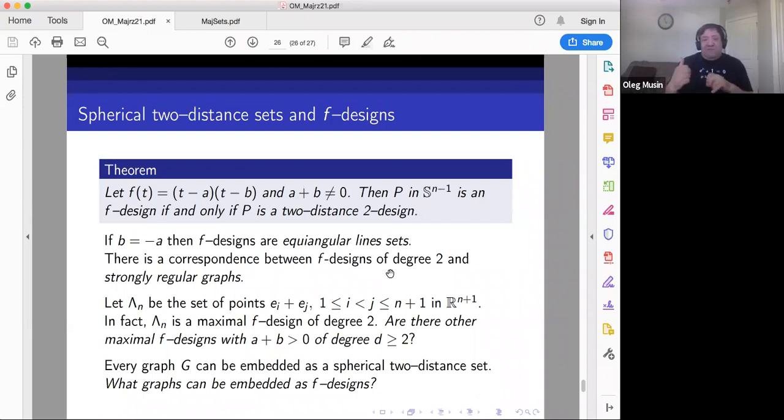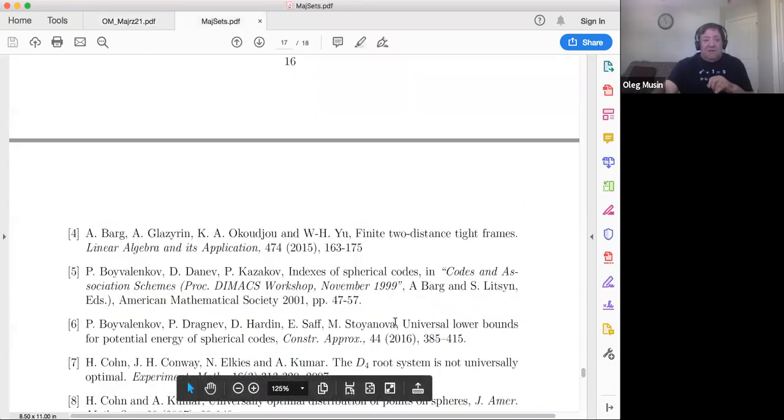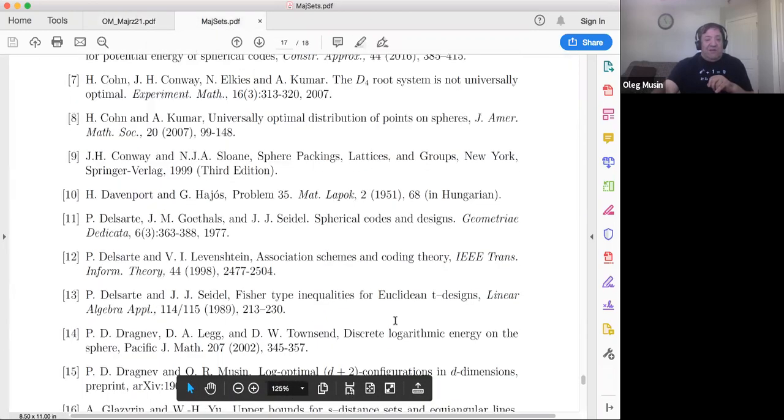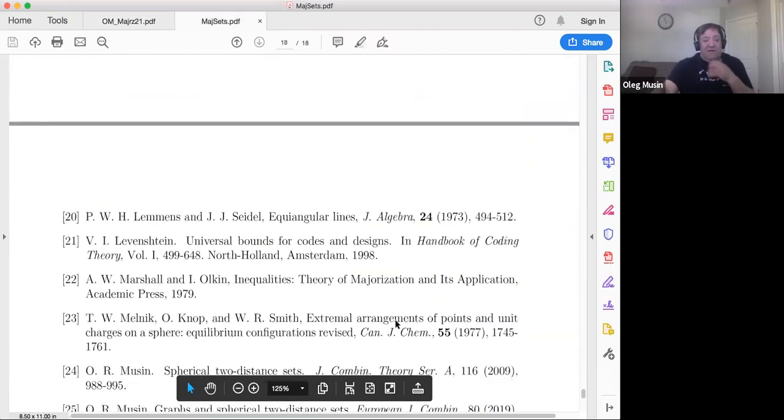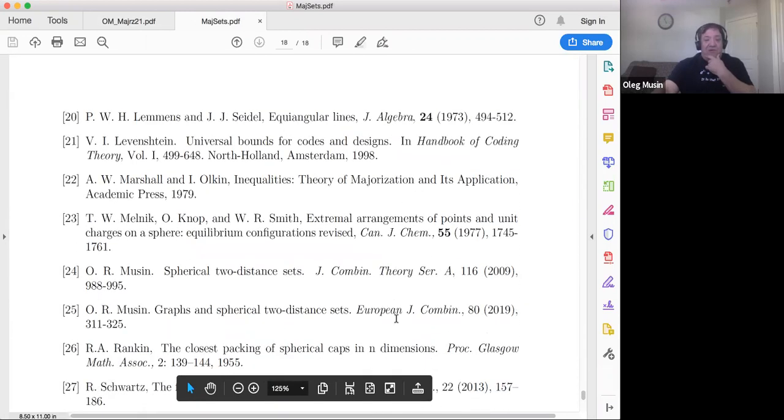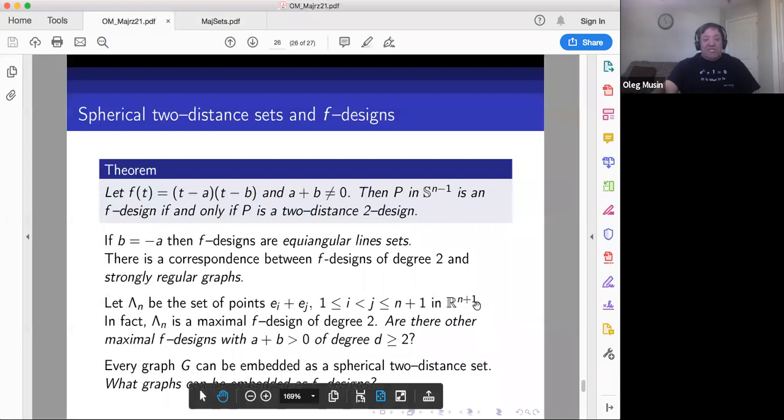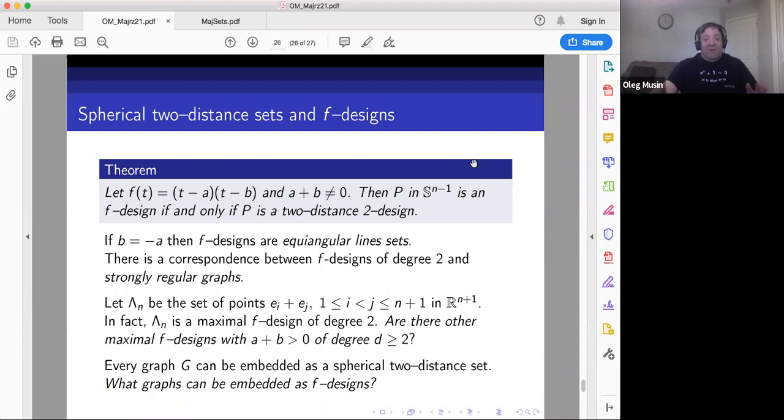I published a paper about this, by the way, two years ago probably, with some constructions. So the question is: for a given graph, when can the graph be embedded as an F-design?